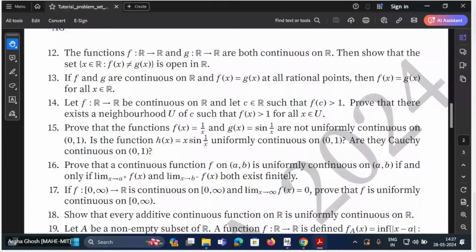So what does question number 16 say? A function f on an open interval (a, b) is uniformly continuous on (a, b) if and only if the limit as x tends to a plus of f(x) and the limit as x tends to b minus of f(x) both exist finitely. So now for this case, is it true?